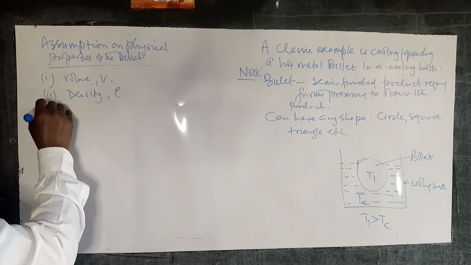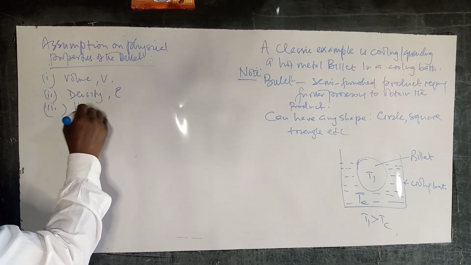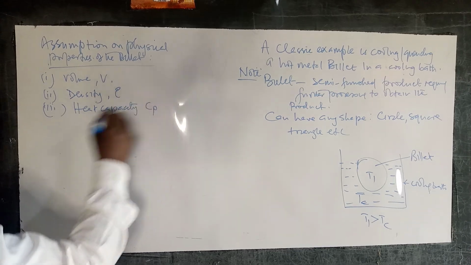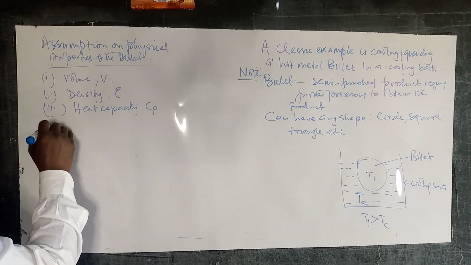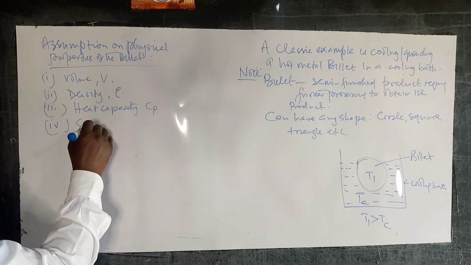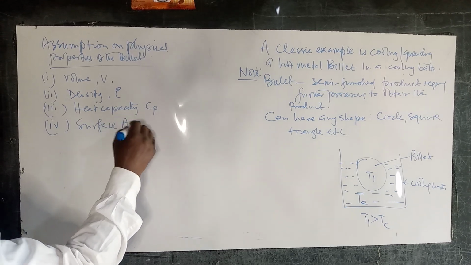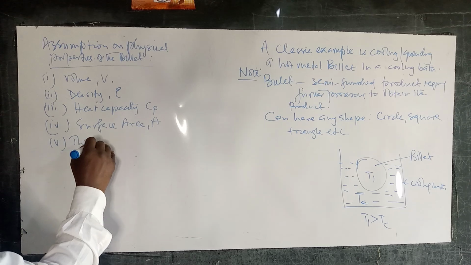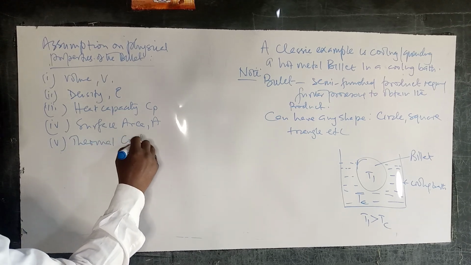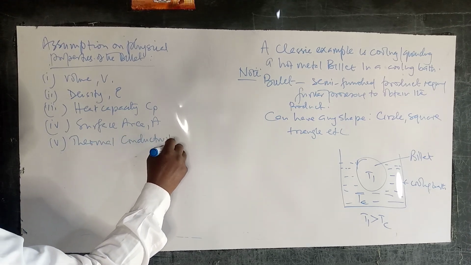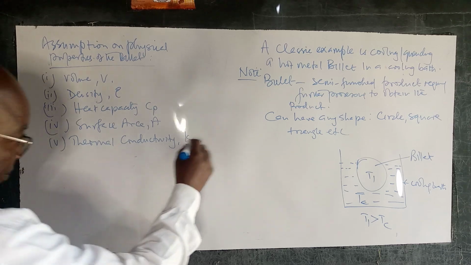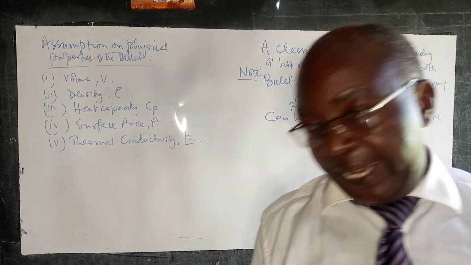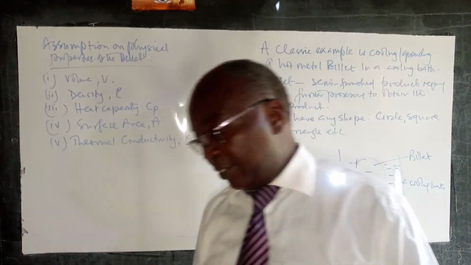Its heat capacity, we call it Cp. The surface area, A, and its thermal conductivity, K or kappa. So we're assuming those are the physical properties of the billet.